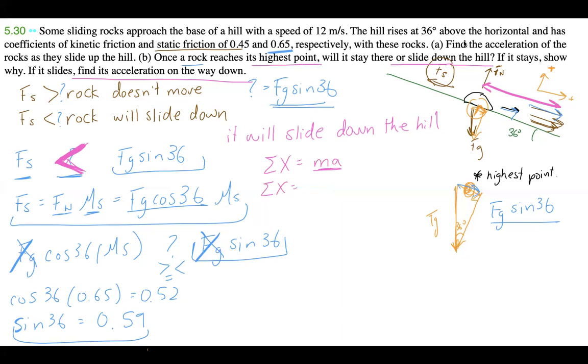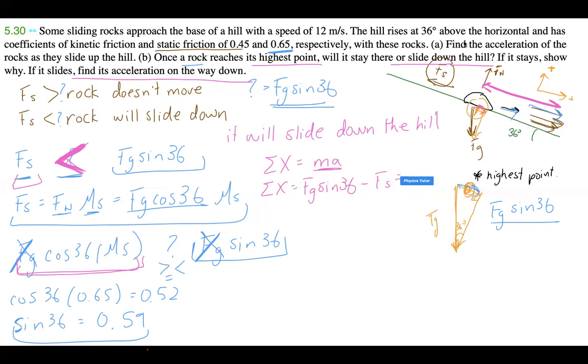So we have Fg sine 36, the force in this direction, minus Fs, which is Fg cos 36 mu s. I'm just going to write Fs because we did solve for that.